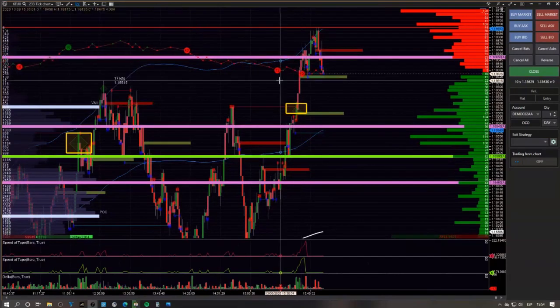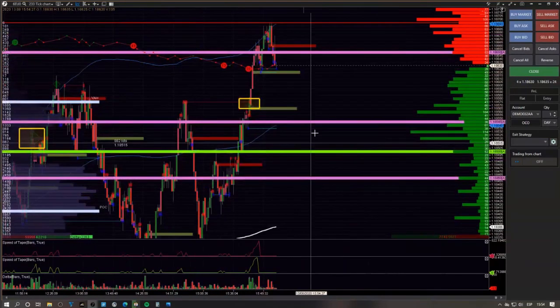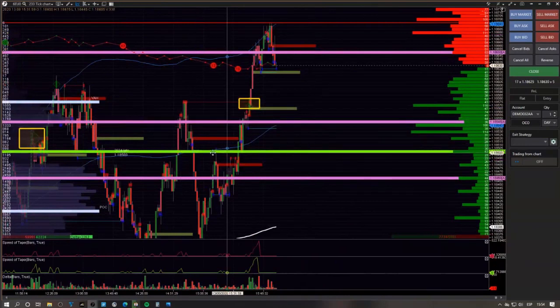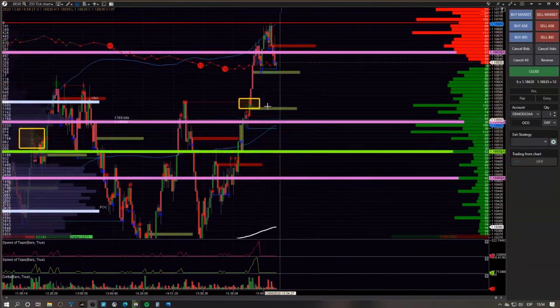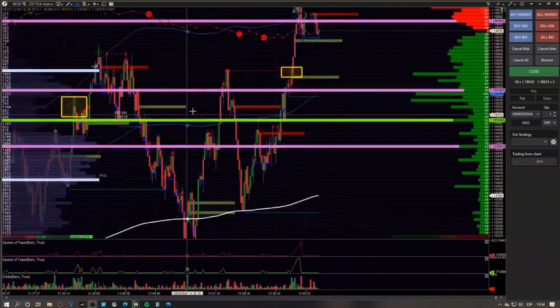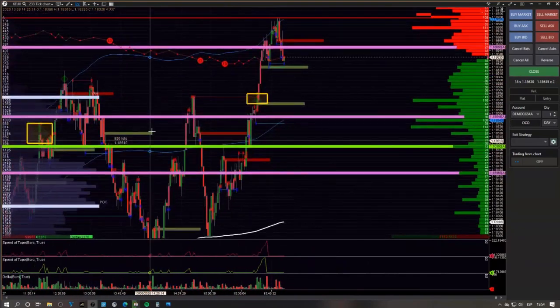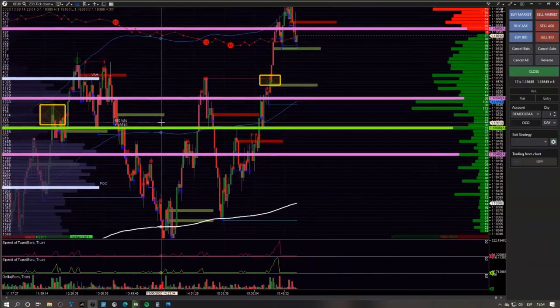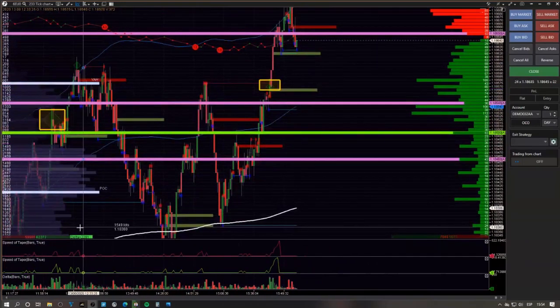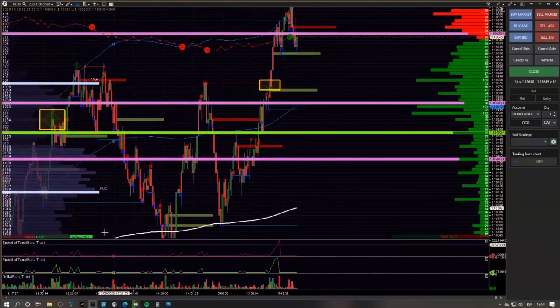So what are we going to do with this information? Well, we know that a lot of sellers entered here. Buyers were here, and here. But we're trying to find the losers. So where are the losers? On the selling side in this case, because we can see that the delta during the day has been positive.